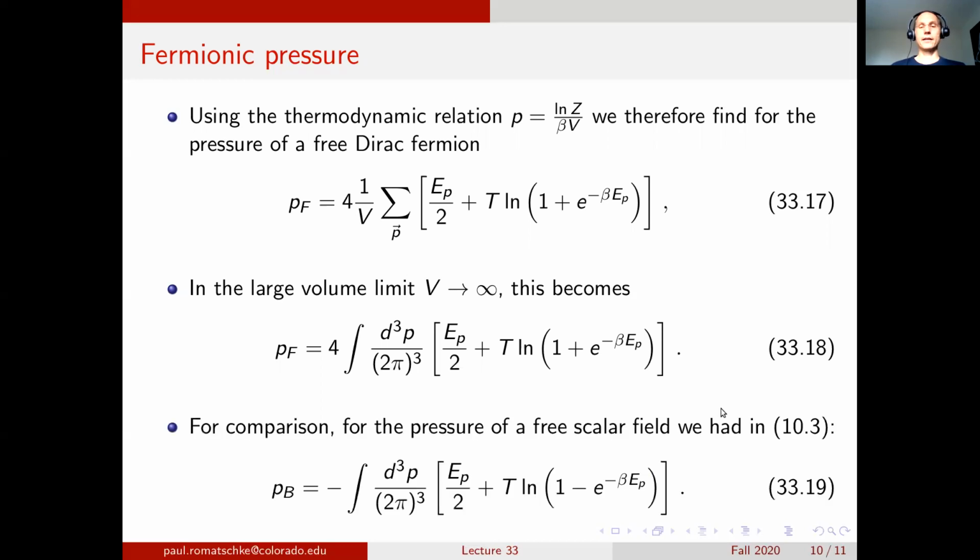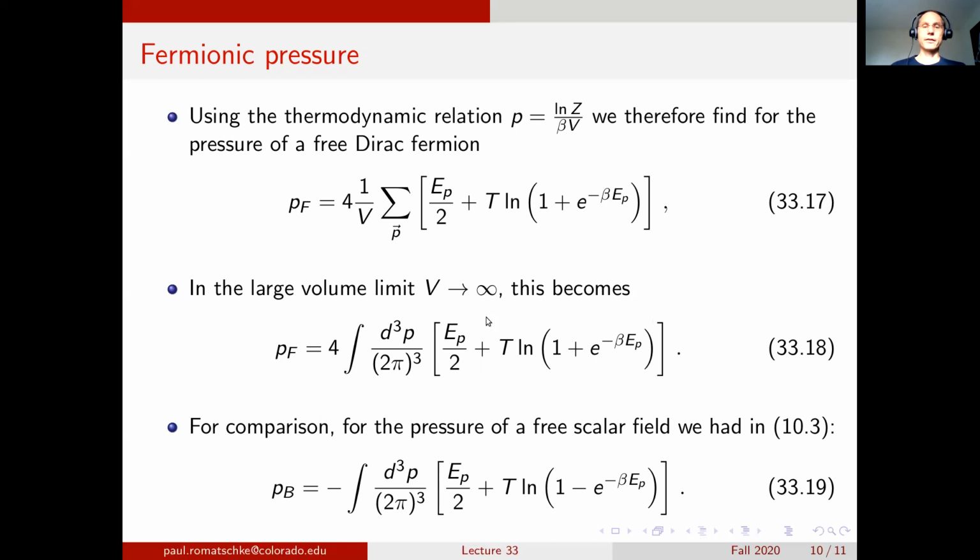Again, for reference, let us compare this to the pressure of a free scalar field that we had in equation 10.3, which was given as minus the integral d^3p times these terms that are given in this equation here. So you should see that these two results have several things in common.